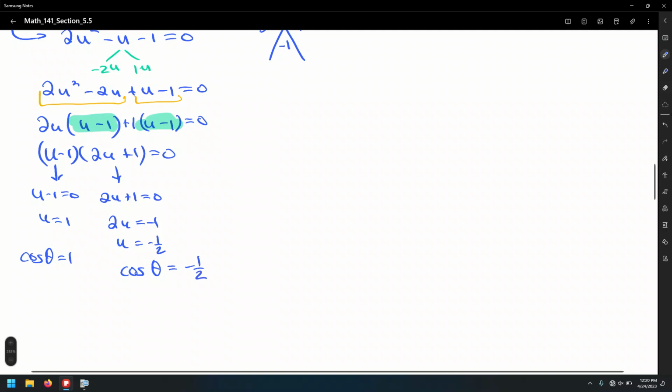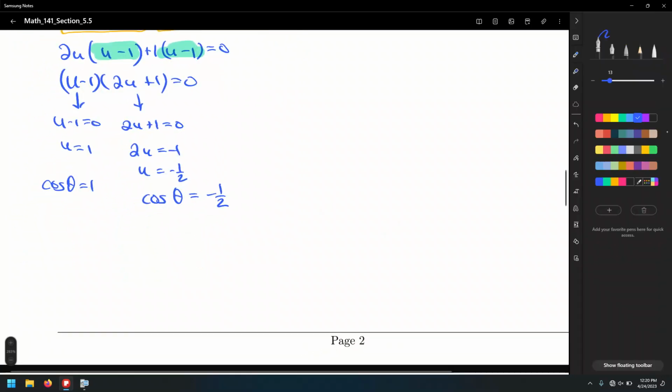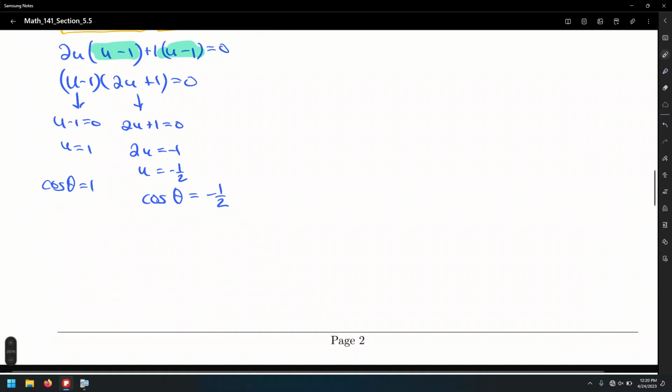So we will really solve two equations in one single problem. That's because we end up having two factors because of a quadratic equation, because it's in quadratic pattern. So let's solve one equation at a time. Let's come up with a couple of Cartesian planes, one Cartesian plane for cosine equals 1. Let's solve that equation.